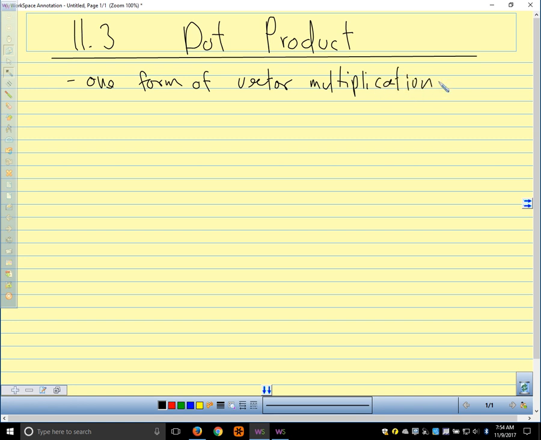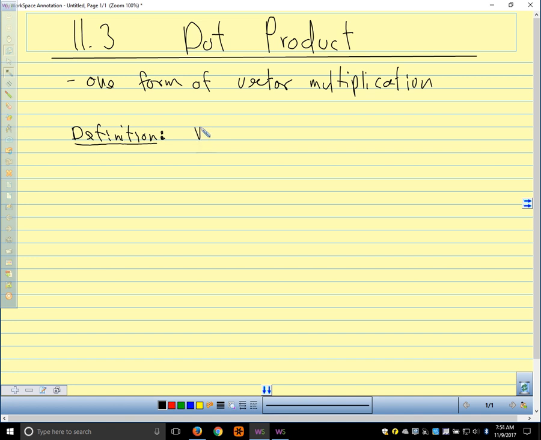Next time we will learn about the cross product, which is another form of vector multiplication. Dot product's easier. The dot product is the friendly one. Is dot product the one that gives you a scalar? Yes.